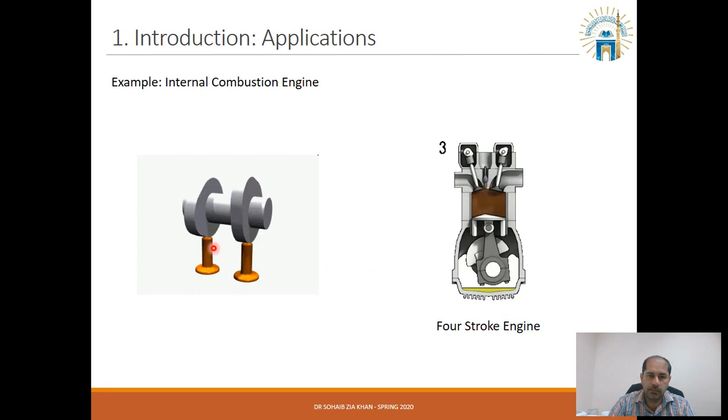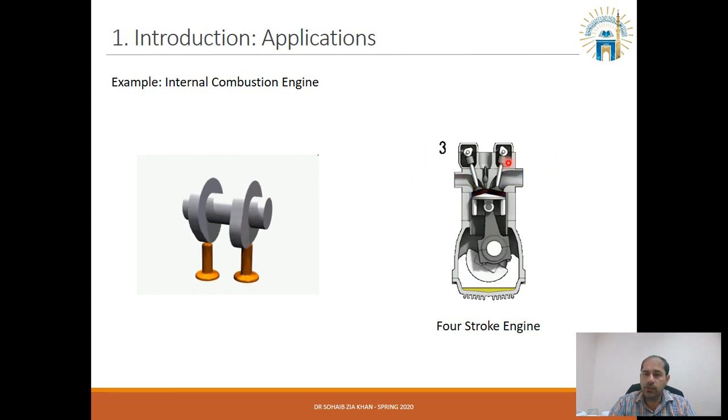This mechanism on your left-hand side is exactly the same as in the internal combustion engine. When fresh air is required, this valve opens, the fuel is injected, there is combustion, then the exhaust valve opens, the exhaust goes out, and the cycle repeats itself. So this is the first cycle, second cycle, third cycle, fourth cycle.